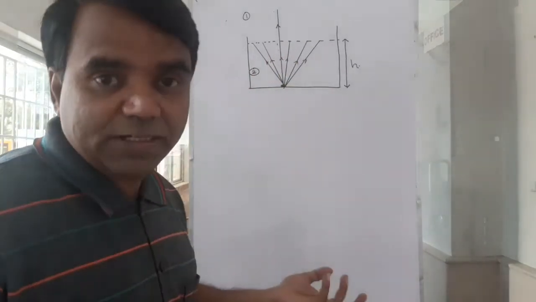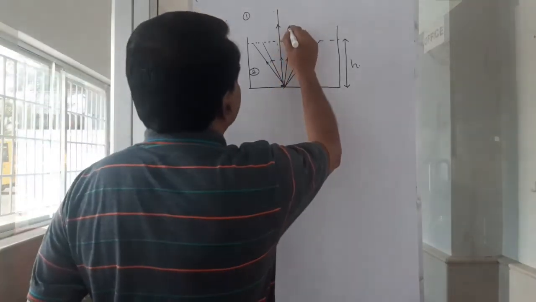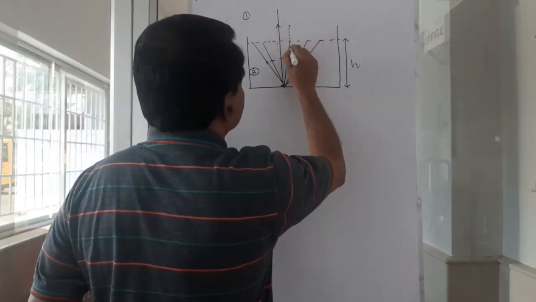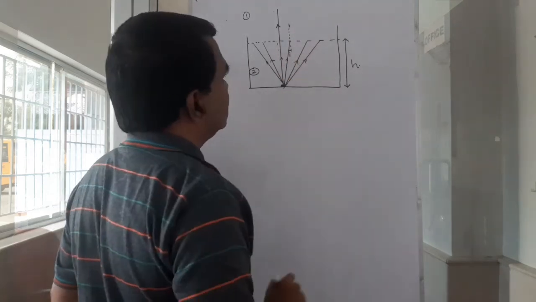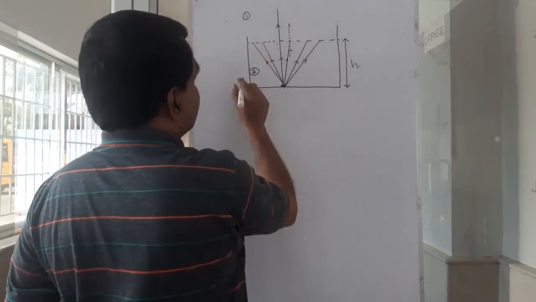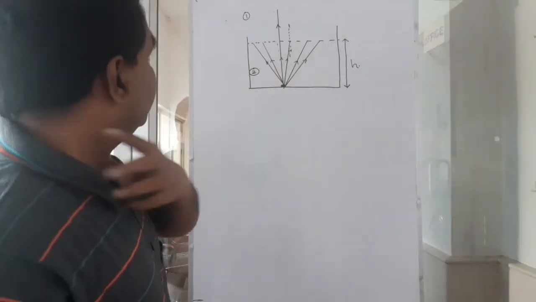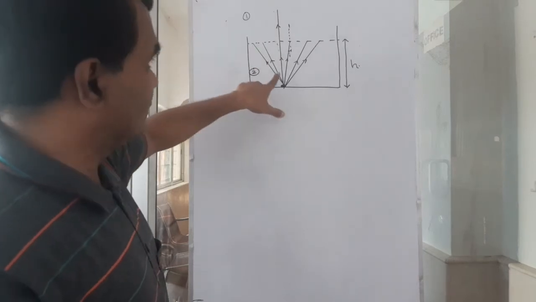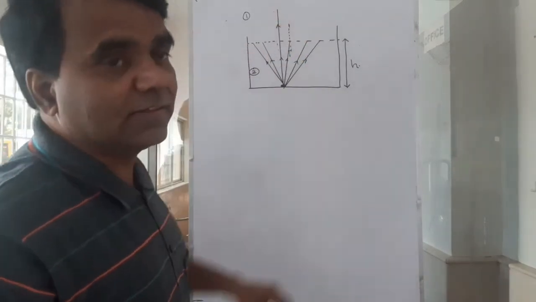That will obey the law of refraction, clearly. So I will have a normal here, and this will be the angle of incidence. I said this is water and this is air. Water is more optically dense than air, so light will travel slowly in water and then faster in air.